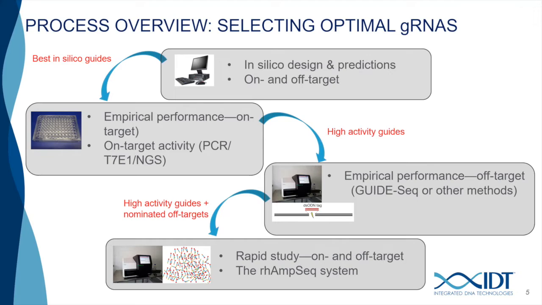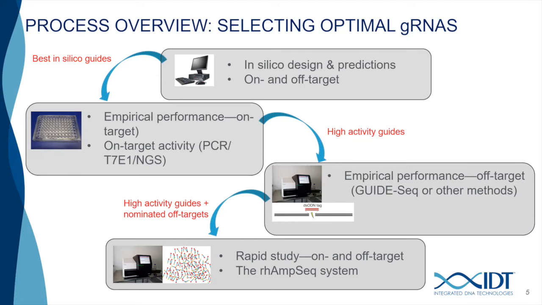That's typically where you start in your CRISPR experiments, and then you need to do some empirical on-target performance testing and verify that this is an efficient guide RNA. There are many different methodologies for doing this, a lot of fast methods such as PCR-based, endonuclease, or next generation sequencing.